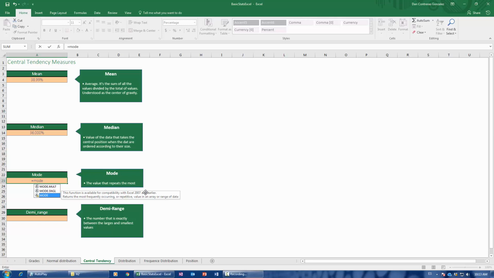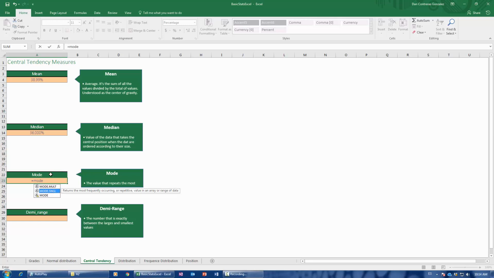If you were to go back to prehistoric times when cavemen were using Excel, the age of Excel 2003 and earlier, we'd have this one available, and it would be cool. But it's not cool anymore. We have MODE.MULT and MODE.SNGL, which are two very different formulas, and we'd probably be left wondering which one is the one that I want. I just want a simple mode.